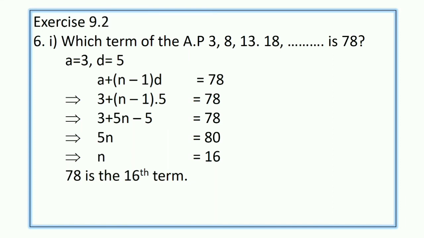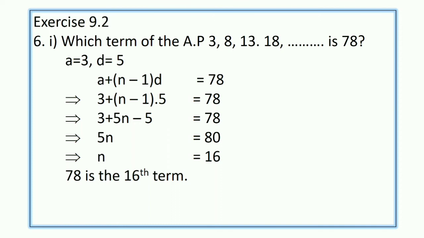Hence we have a is equal to 3 and d is equal to 5, and we have to find the value of n by applying the given values in the formula a plus (n minus 1) into d is equal to the nth term. Hence we have 3 plus (n minus 1) into 5, because the first term is 3 and the common difference is 5.